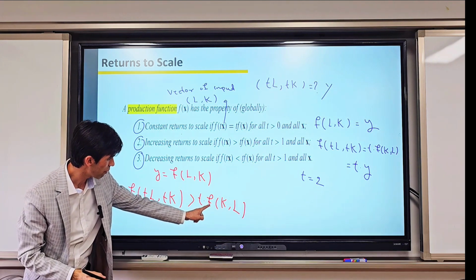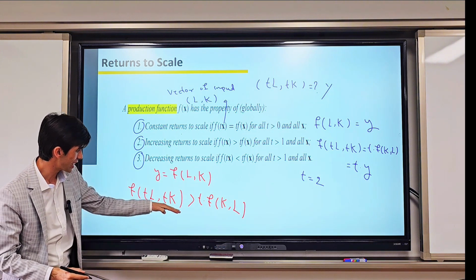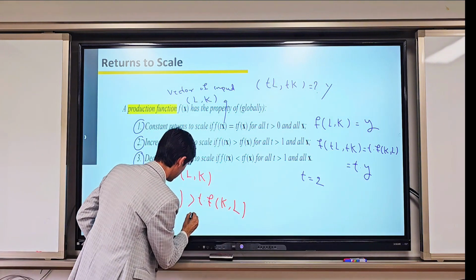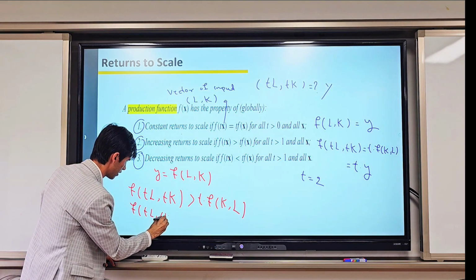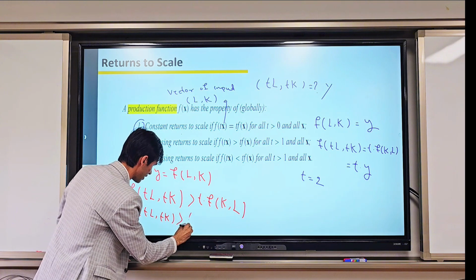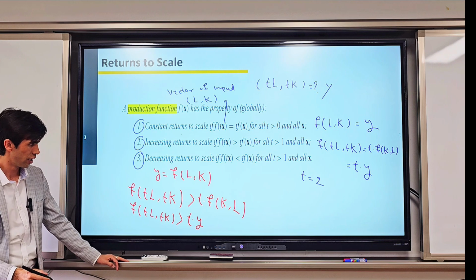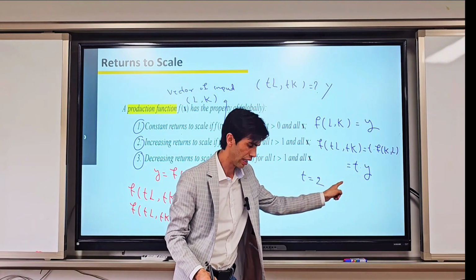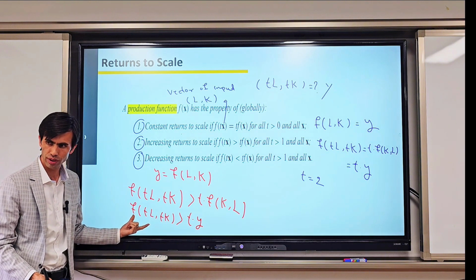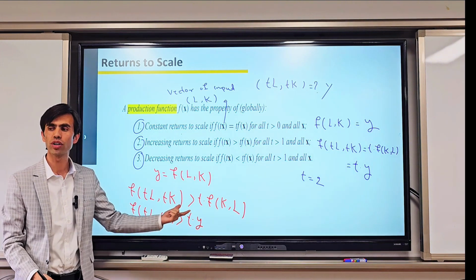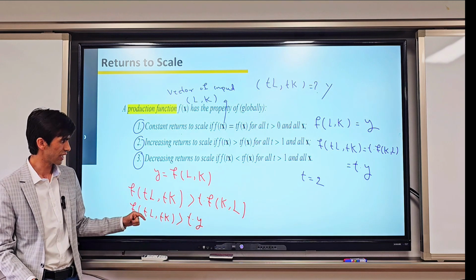And we know that f of k and L is equal to y. So if f of tL, tk is greater than ty, where before it was equal to ty, that means we are doubling our input, but our output increased by more than double. So it's increasing return to scale.